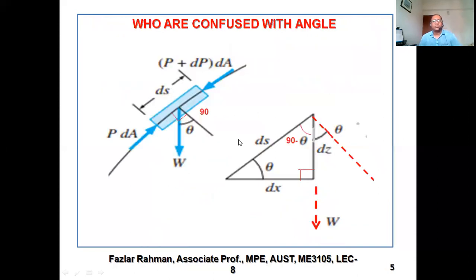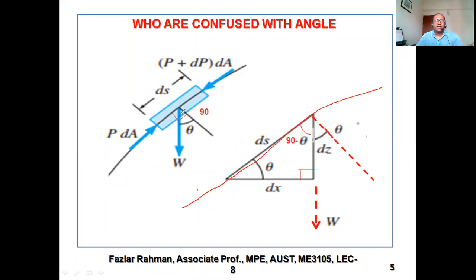Okay, so in this free body diagram, I just show you how we got this angle. This angle is theta, right? This line represents our streamline.